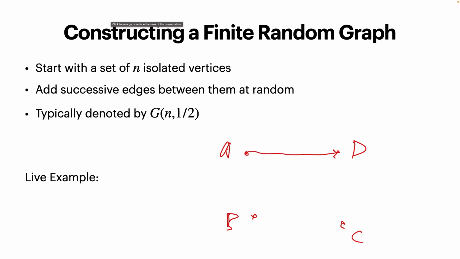Okay, there's an edge between A and D. Tails. Okay, no edge between B and C, I guess. All right. Tails. No edge between B and D. All right, one more. Heads. There's an edge between C and D. So this is our random graph with 4 vertices.